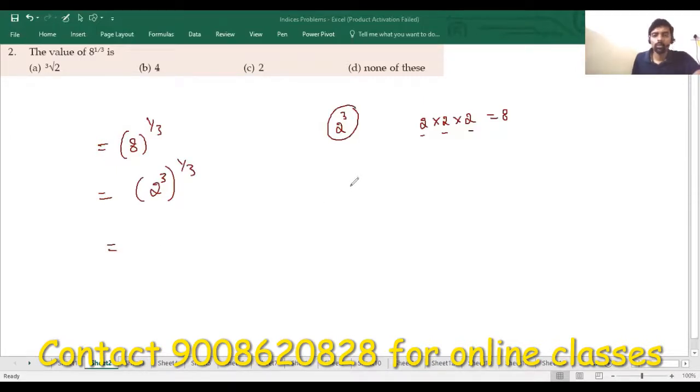Now we have studied this law of indices, a power m whole to the power n. When there are two exponents, what will you do? You will multiply them, correct? So this can be written as a to the power m into n. Even here, there are two exponents, right? So 2 to the power 3 into 1 by 3. Multiply these two exponents, guys.